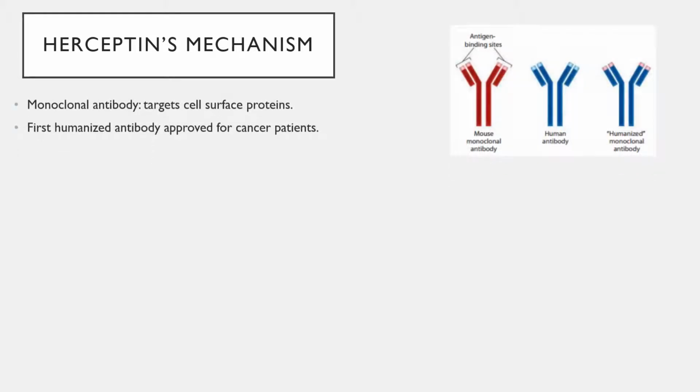Now, just a little bit of background information. Herceptin is a monoclonal antibody that targets cell surface proteins. It was actually one of the first humanized antibodies approved for cancer patients.